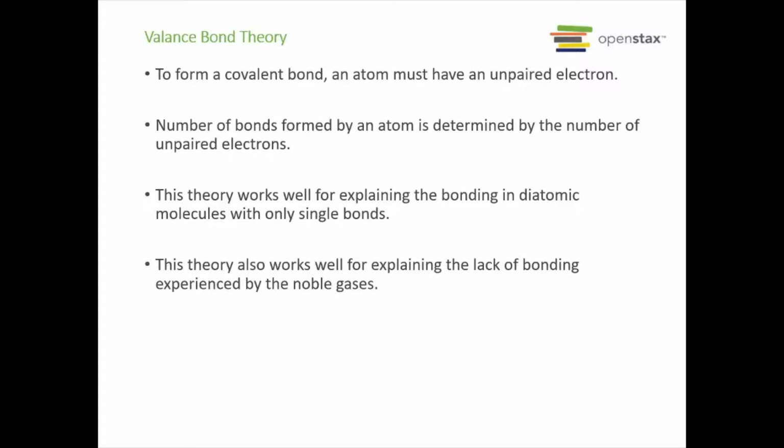The number of bonds formed by an atom is determined by the number of unpaired electrons. This theory works very well for explaining the bonding in diatomic molecules with only single bonds, diatomic meaning 2 atom molecules. It also works well for explaining why noble gases don't bond.